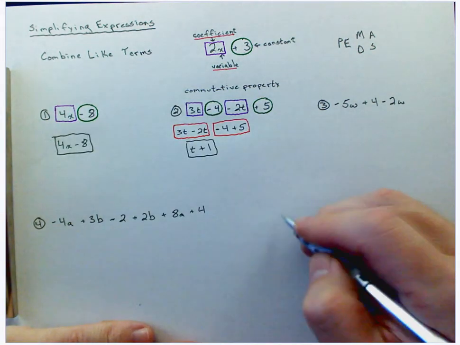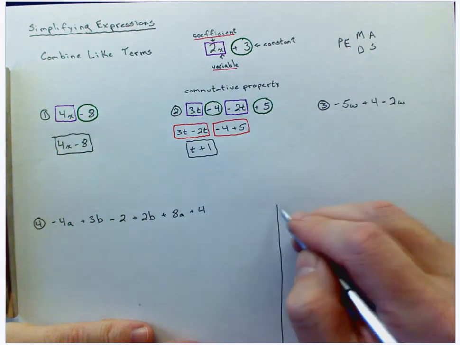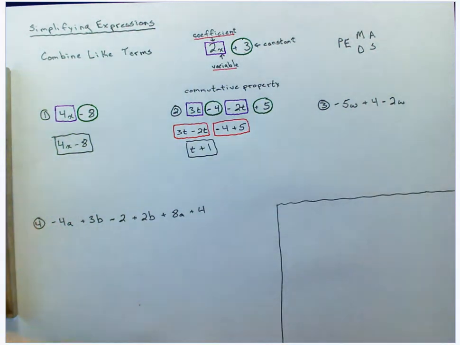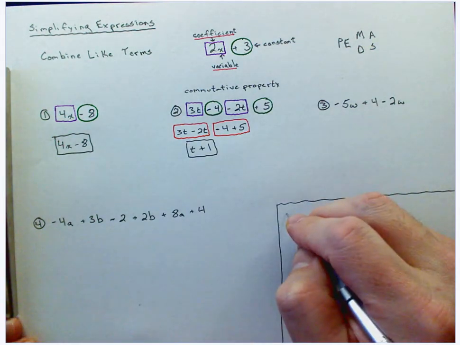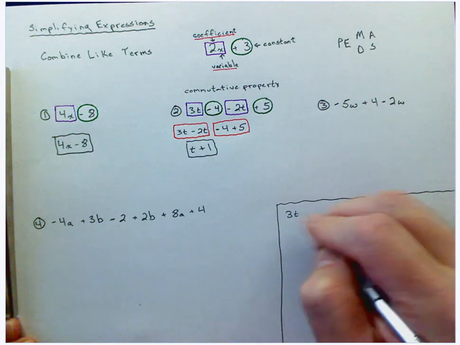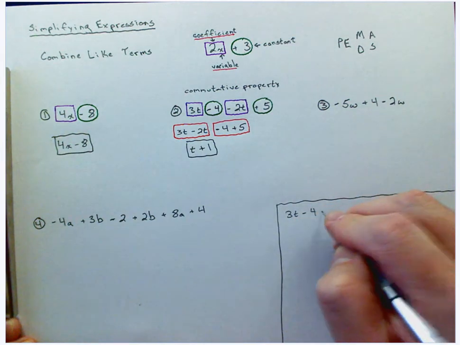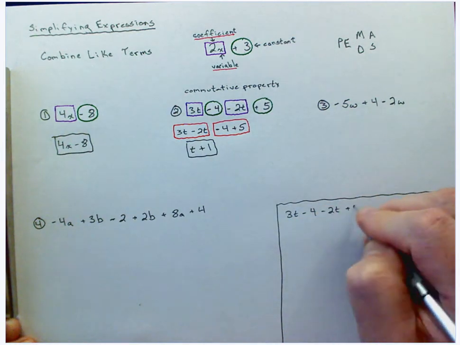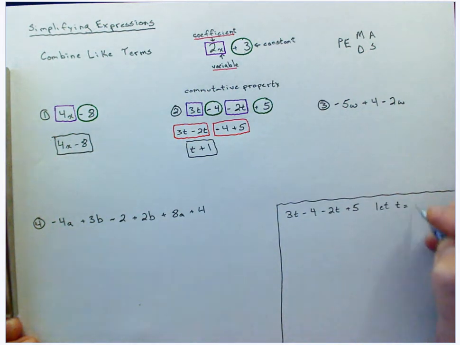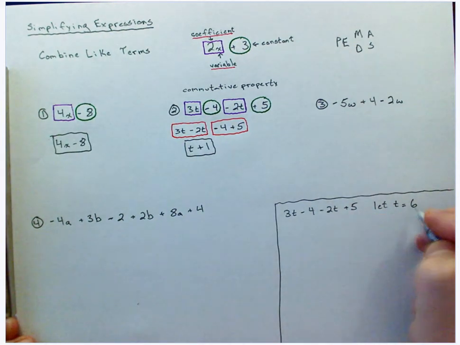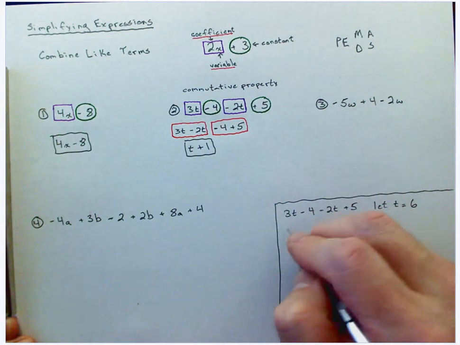And right here, I'll show you the usefulness of this, since we practice evaluating our expressions. If I'm given this expression right here, and let's say I will say let t equal 6. So that means I take 6 and I replace all the t's with the number 6.